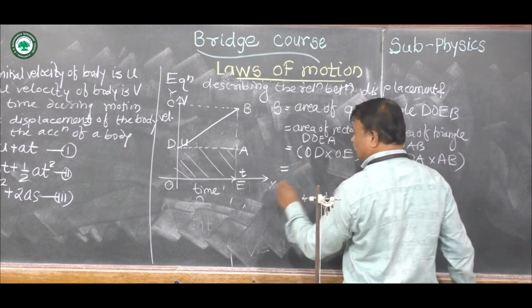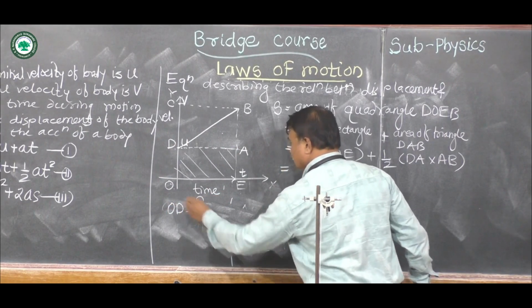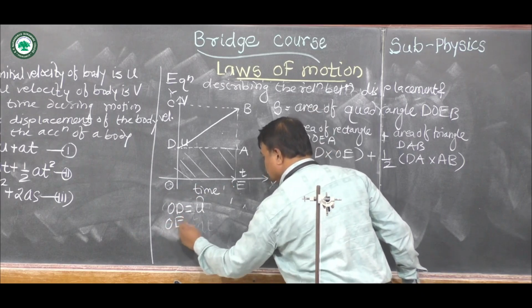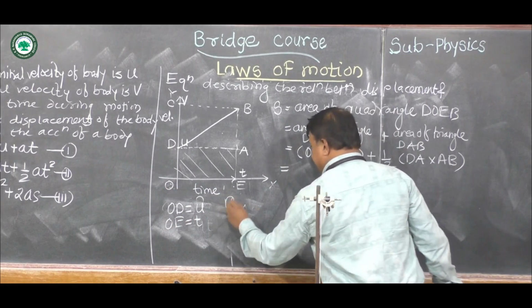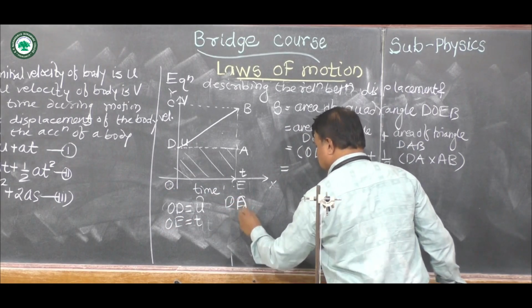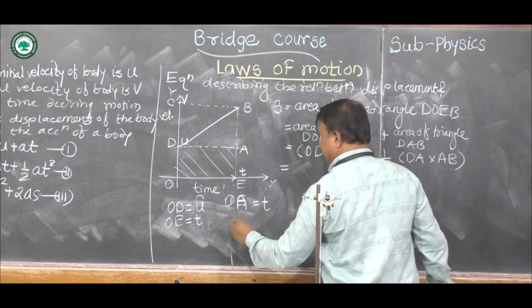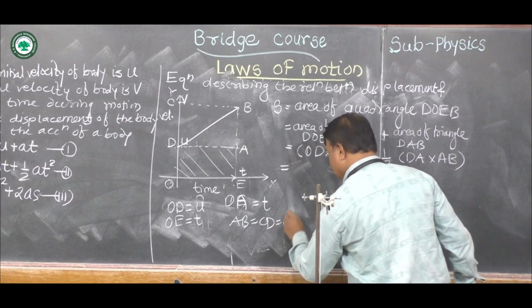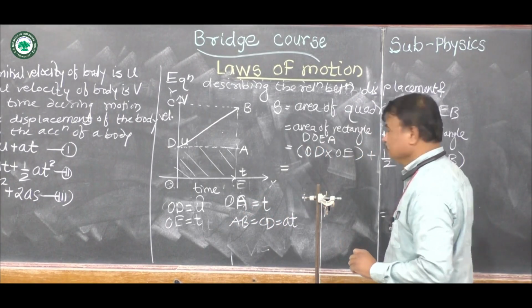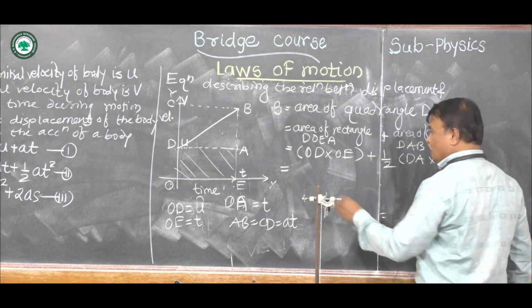From this diagram, OD is equal to U, OE is equal to T, DA is equal to T, and AB is equal to CD, that is equal to AT. We substitute all these values in this equation.